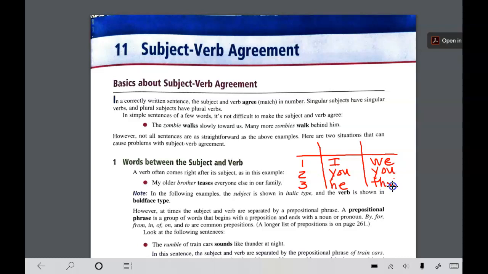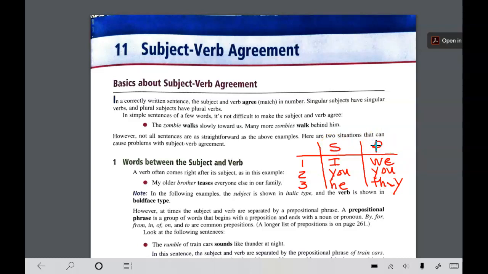All right, it's supposed to be they, with an E, and whoops, see if I can get a Y in there. There we go. It's supposed to be they right there. We'll get that. Singular and plural.